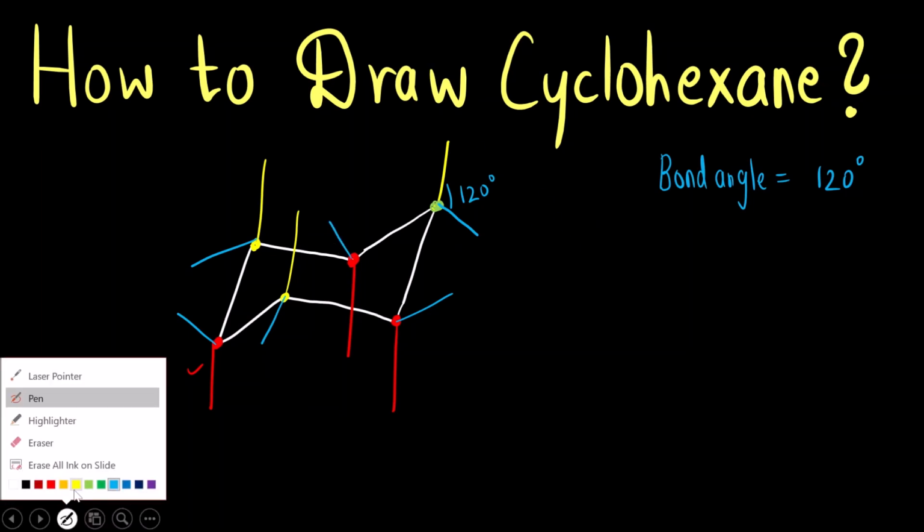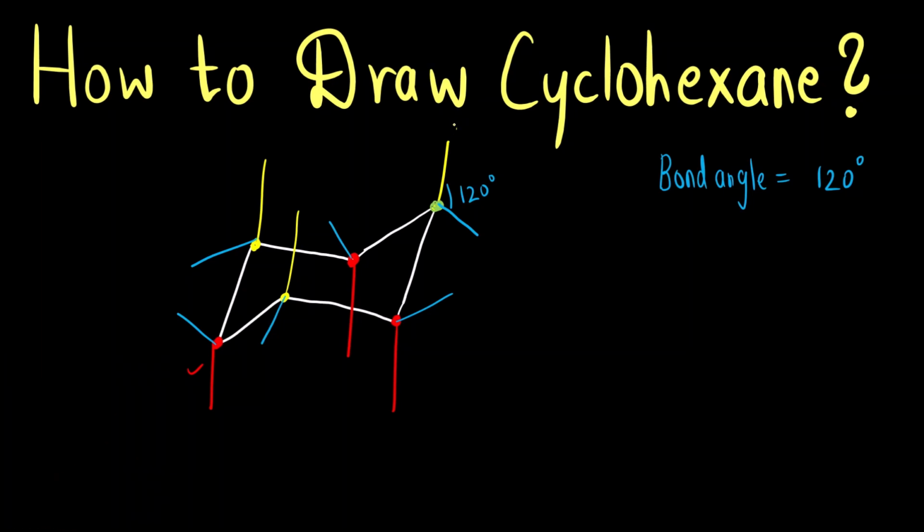Now if I want to label them as axial and equatorial, the vertical ones are axial and the remaining are equatorial. Equatorial, this is axial and equatorial.